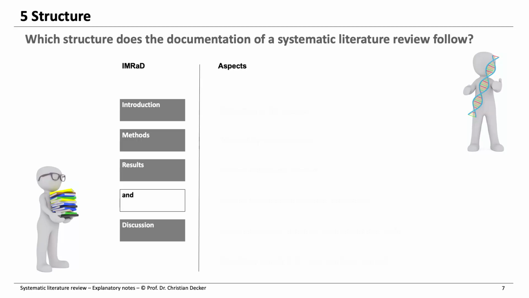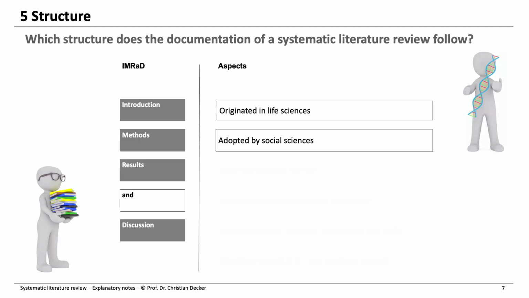The structure has its origins in the field of life sciences. Consequently, the IMRAD approach describes and prescribes a certain logical flow of the research process, which is common in natural sciences. It has been adopted in social sciences such as psychology, sociology, and educational sciences. Furthermore, it is applied in certain fields of business sciences.